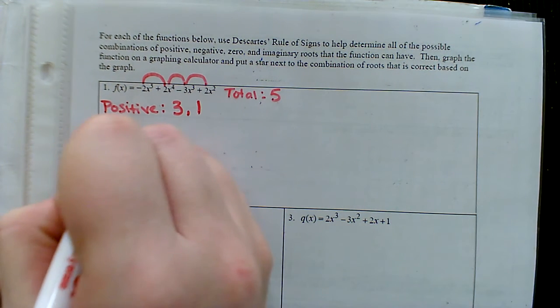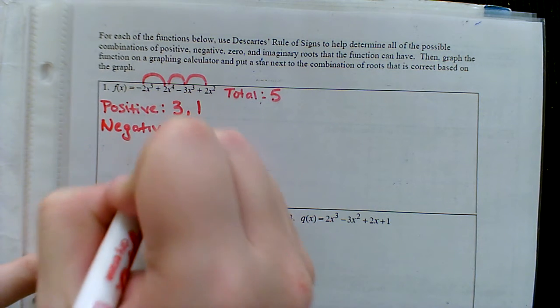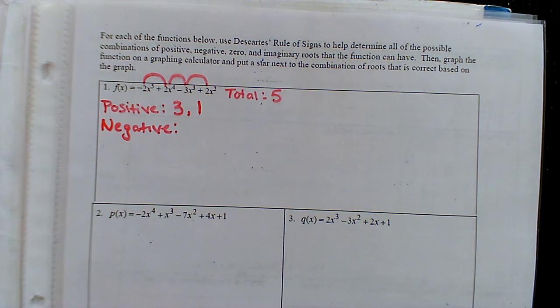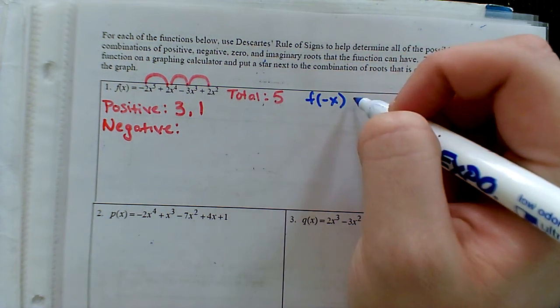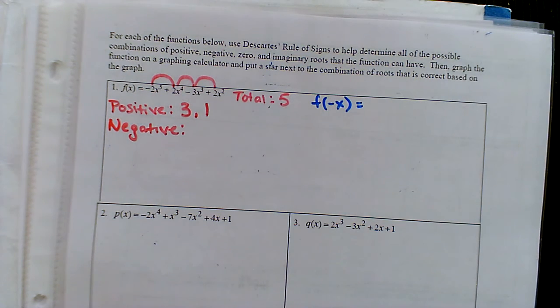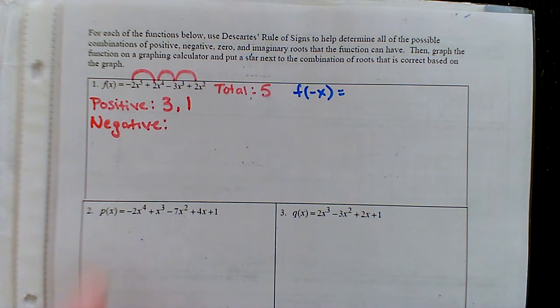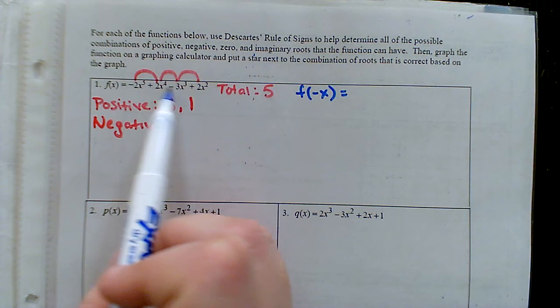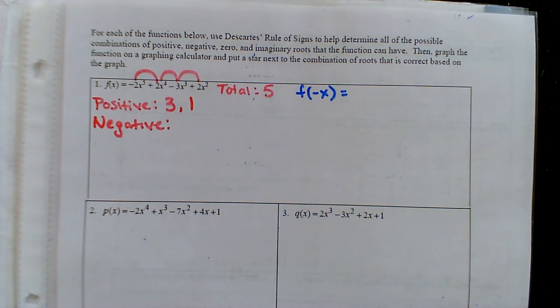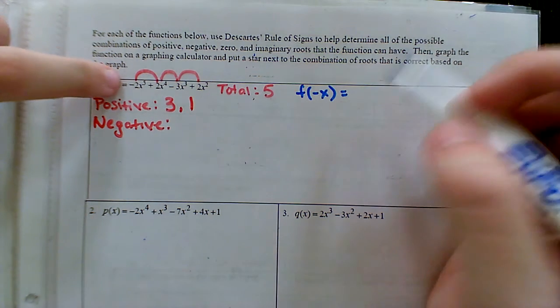Let's go ahead and check out the negative side. So we're going to have to plug in negative x and see what that equation is going to look like in terms of your sign changes. So we said a little shortcut to help us here is all of the odd-powered terms are going to switch sign.